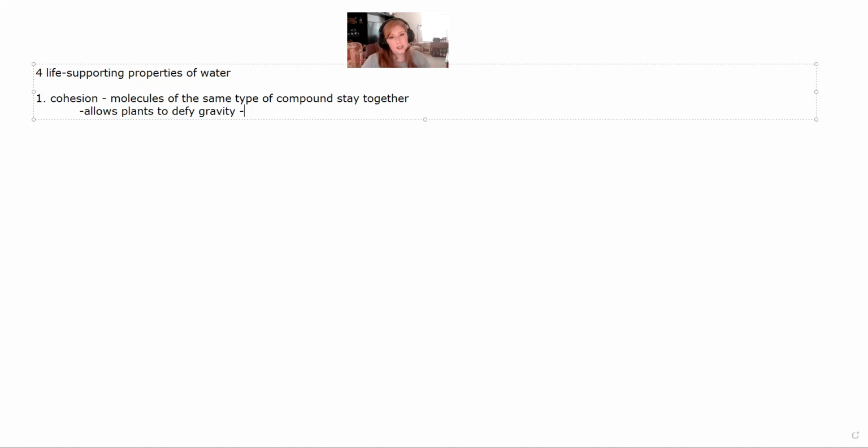Okay, cohesion is not the same thing as a chemical bond. It's just that we're all the same type of molecule, we should all stick together, that type of thing. One of the ways they say this is water goes from roots to shoots. In other words, bottom to top, okay?